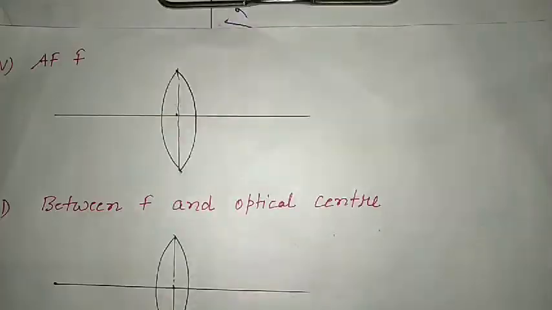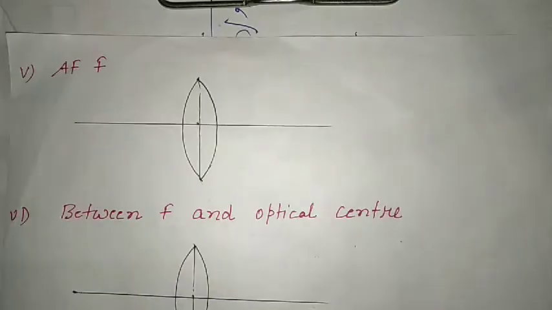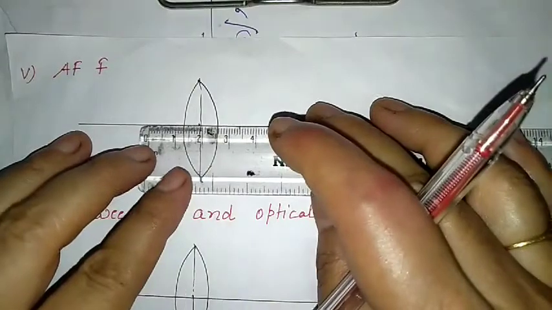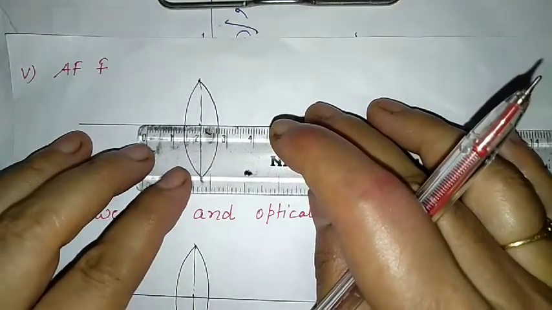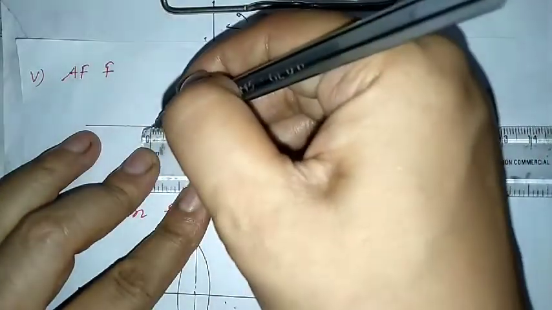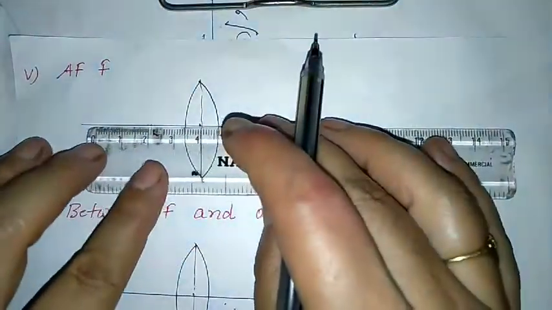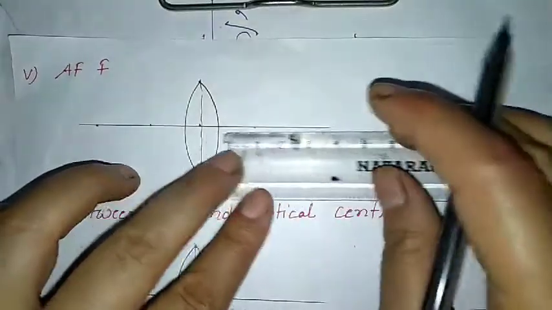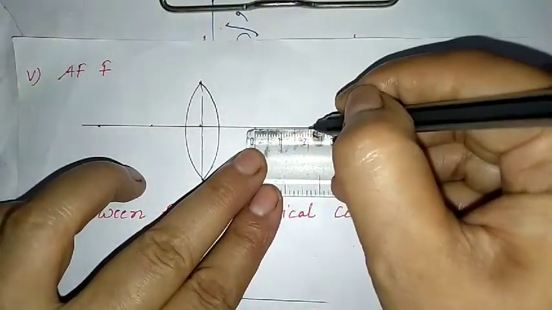Now next position is there. In next position, the object is placed at f. We know this because we have done this in the principal focus. So suppose this is f, this is 2f, other side f, other side 2f.